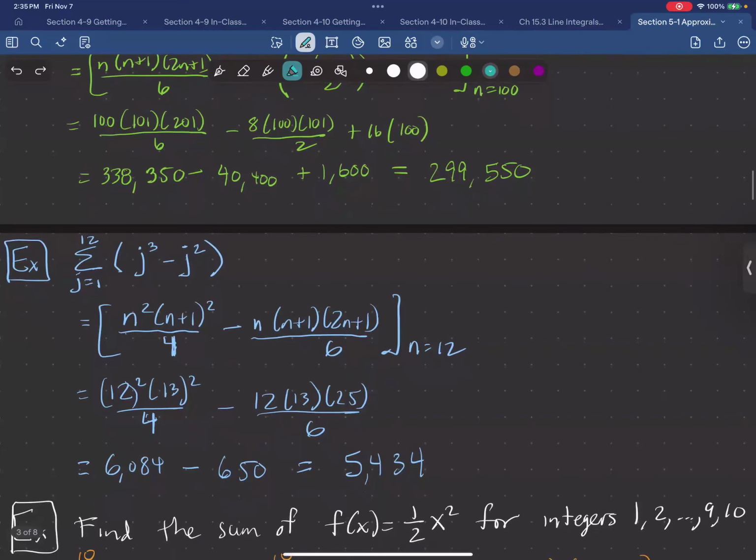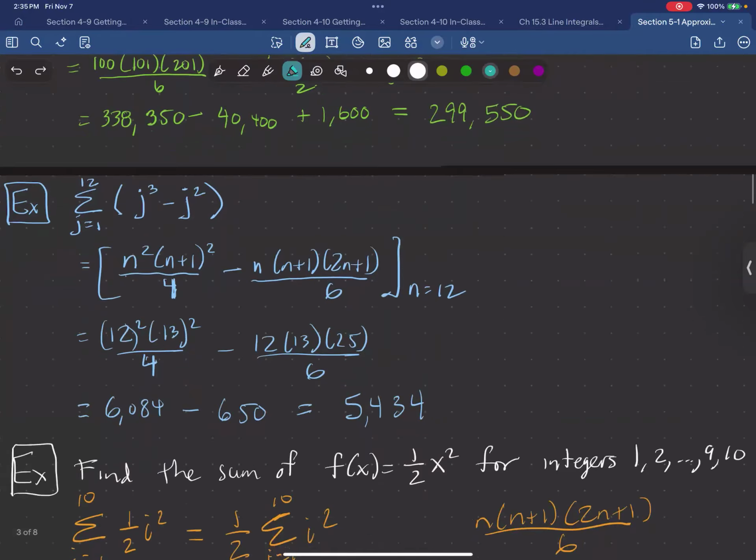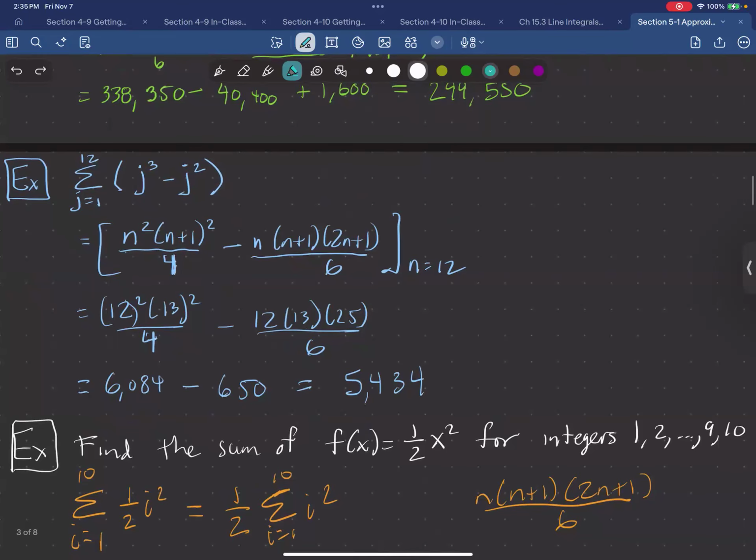Why don't you try finding the sum of f of x equals 1/2 x squared for 1 to 10? Here we have to figure out how we're going to do this. We can effectively use the same thing and just change this to a dummy variable. So x becomes i, and we're going from i equals 1 to 10.